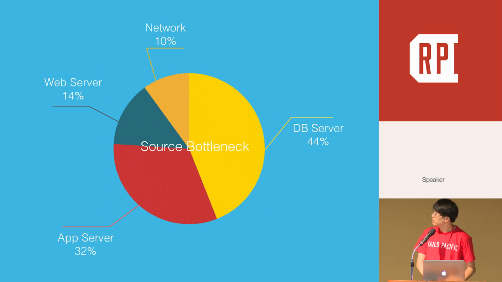We have seen that 44% of performance bottlenecks appear in the database server, 32% in the application server, 14% in the web server, and 10% on the network. So this result shows that almost 76% of the performance bottlenecks appear in the application and database servers. Identifying the performance bottleneck source is important to optimize application performance.